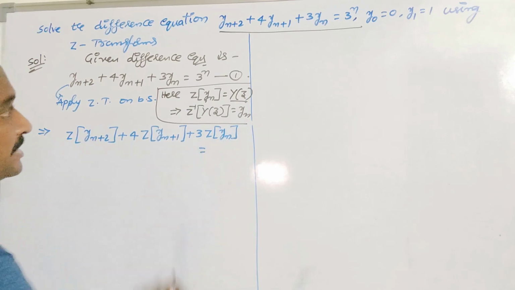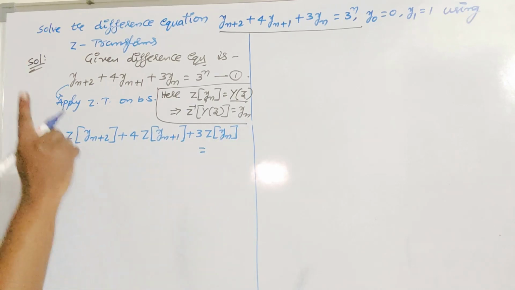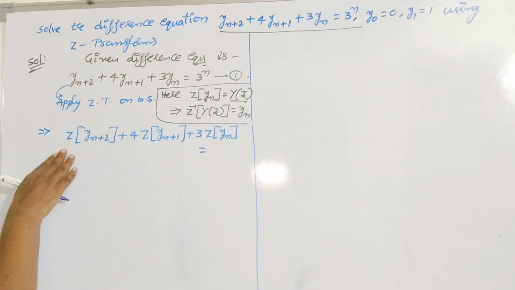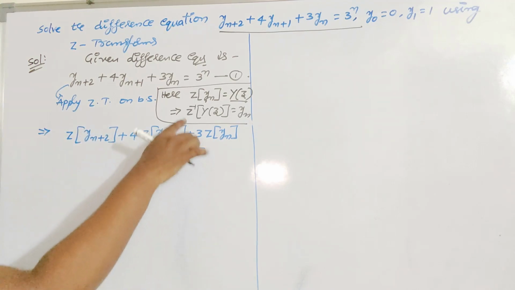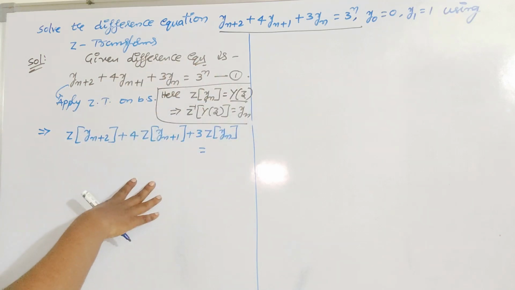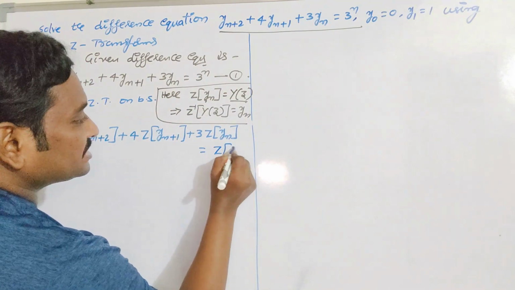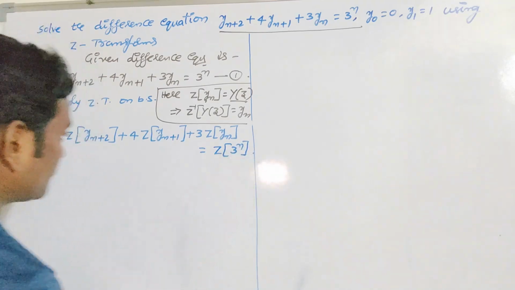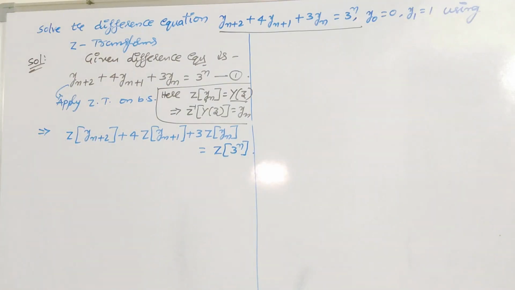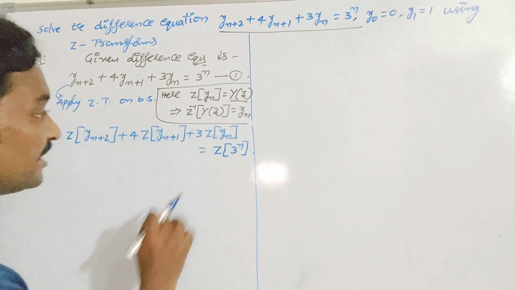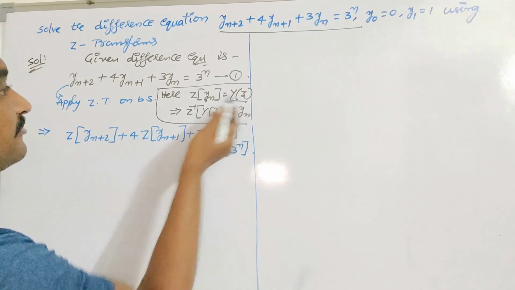Don't forget one important thing: the Laplace transform operator L, the inverse Laplace operator L inverse, the Z transform operator and the inverse Z transform operator all satisfy the linear property. So the right side is Z transform of 3^n. Now we have to write the formulas for Z transform of y(n+2), y(n+1) and yn. Z transform of yn is simply y of z.